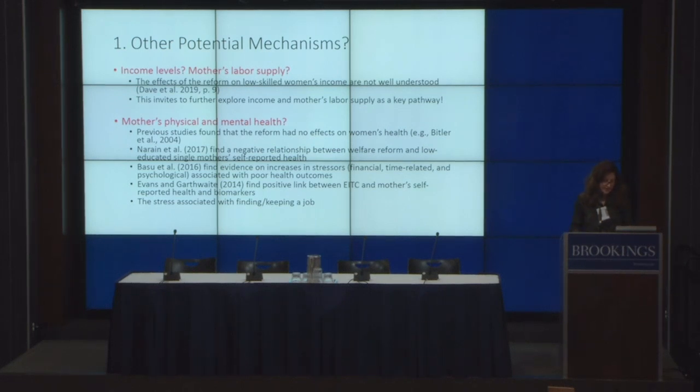And in a recently published paper by Evans and Cartwright, they find some significant effects of the expansions in the earned income tax credit on mothers' self-reported health and changes in biomarkers. So that invites us to perhaps examine mothers' physical and mental health, but also changes in stress, perhaps associated with the fact that they now have to keep a job, find a job, because they don't have the welfare cushion.